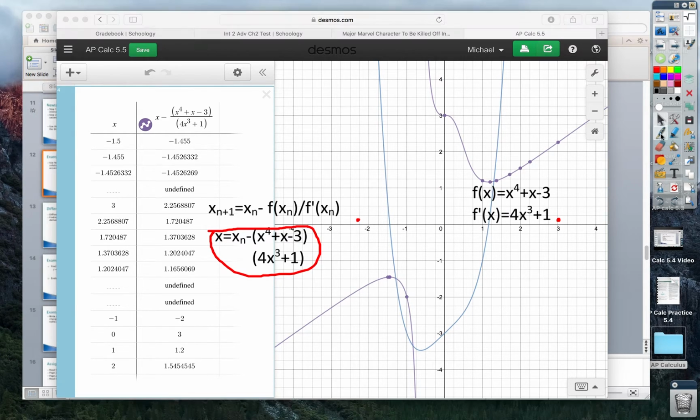So we then took this negative 1.455 and used that for our x. And when we substitute that value for x, we got negative 1.4526332. We substituted that into here, and we got this final answer.